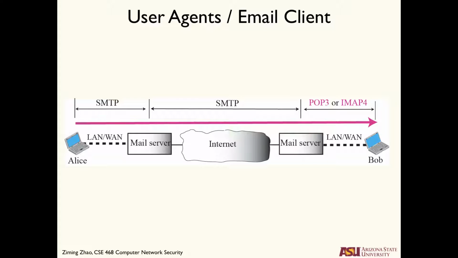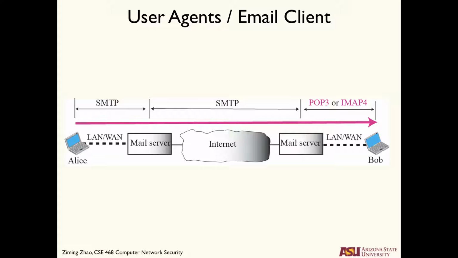So this is the network topology, how it looks. When Alice wants to send an email to Bob using a standalone application, an email client, Alice's client will use SMTP to send this message to Alice's mail server. And Alice's mail server will send this email to Bob's mail server through the internet.